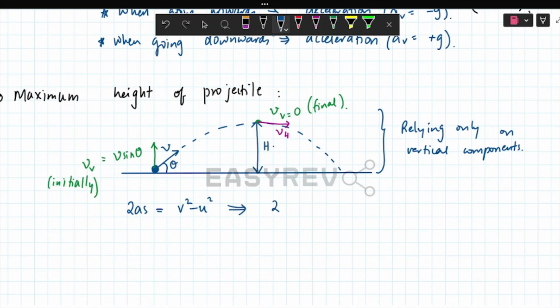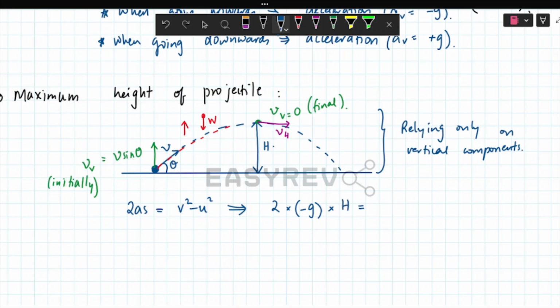2 stays as it is. In place of acceleration, I can write minus g, minus because in this first half of the motion, the projectile is being sent up while the weight of the projectile is pointed downwards. So due to the opposite direction, we know for a fact that there will be deceleration involved here. And so for displacement s, I can write the maximum height that I wish to find, h.